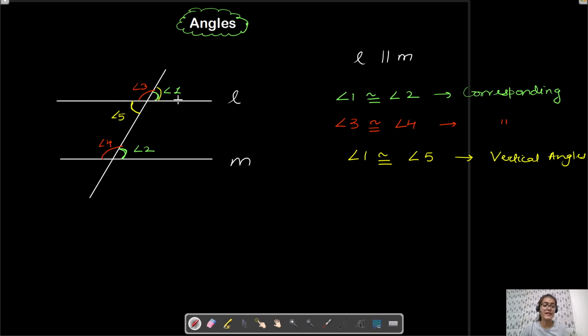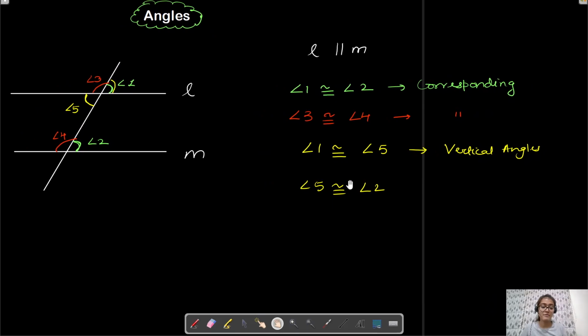So we can say that if angle 1 is congruent to angle 5 and angle 1 was also congruent to angle 2, so that means that angle 5 is going to be congruent to angle 2. And some people also call angle 5 and angle 2 alternate interior angles.